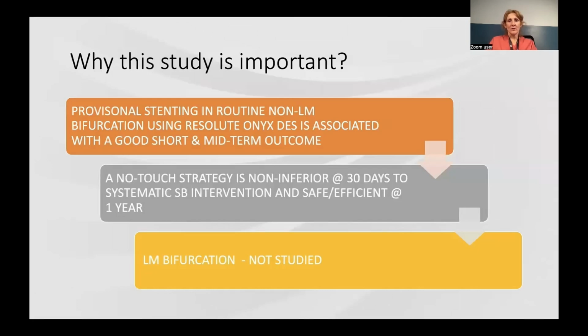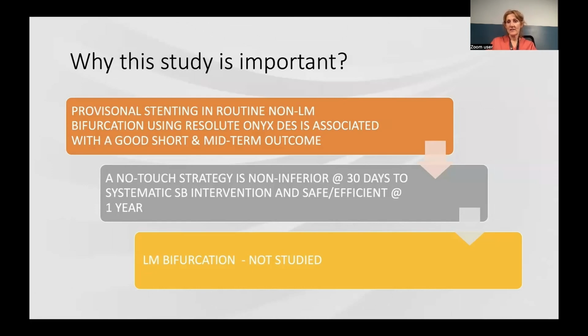So what has all of this told us? Well, we can see that provisional stenting in routine non-left main bifurcation using the Resolute Onyx stent is associated with good short-term and mid-term outcomes, with target lesion failure for complex bifurcation lesions at around 5 to 6%.